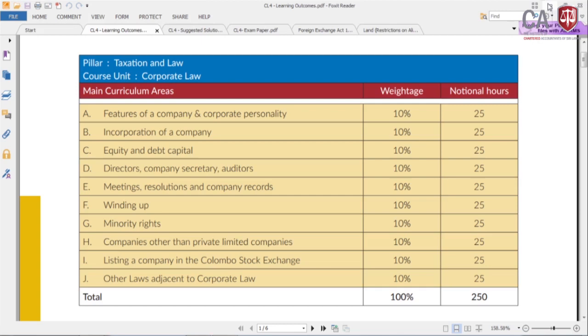Now when you take the subject, and in the course unit of corporate law, this is how the lineup has been designed for you all to answer your question paper. And out of all the lectures that I have conducted, I have covered almost everything here.